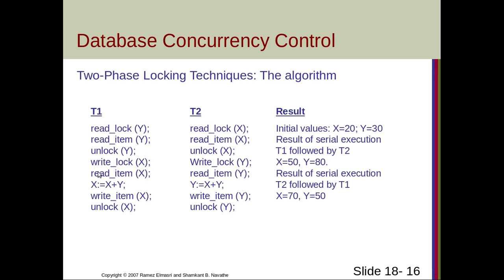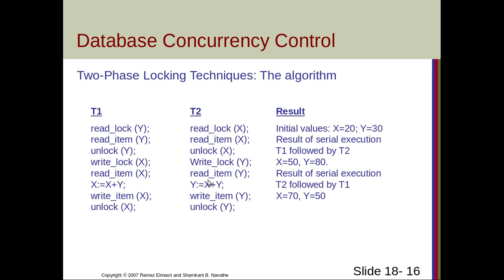So this is not following the two-phase locking procedure. That means this is not allowed. The first unlock statement is in statement number 3, and after that no more locking is allowed. This is not following two-phase locking.